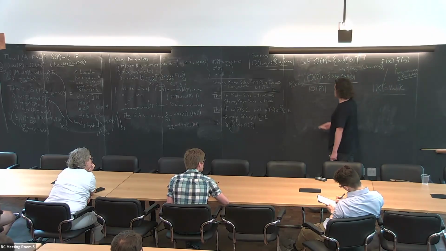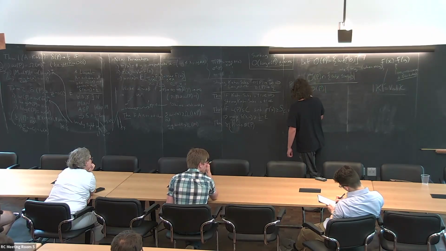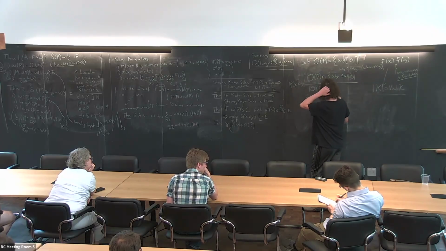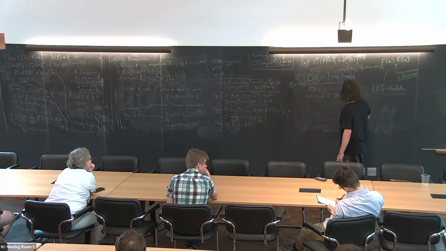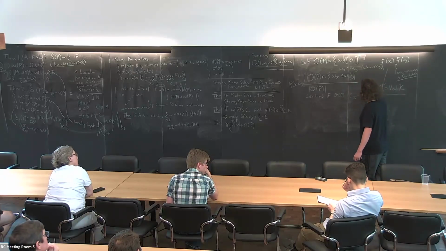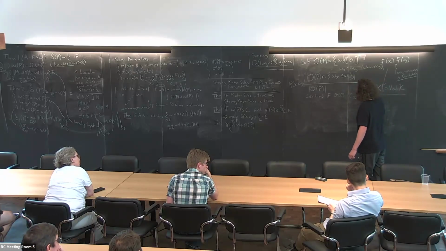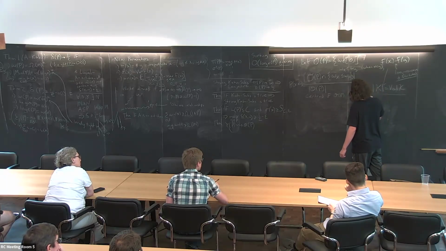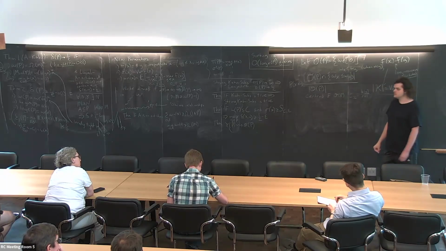Well, another thing about the order polytope is the centroid of the order polytope. That's just going to be a point C, so that C sub x is equal to h of x over n plus 1.